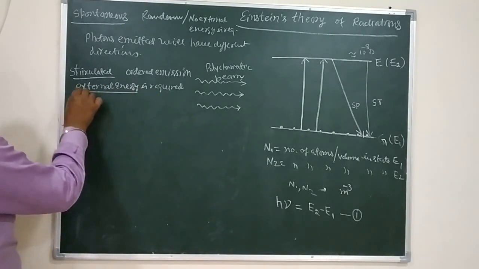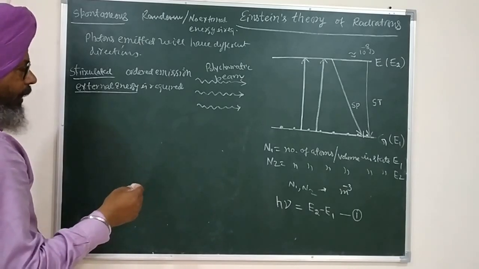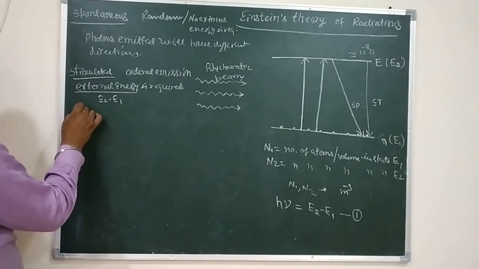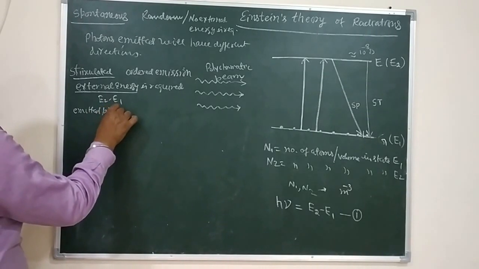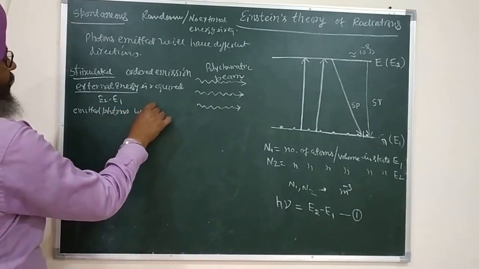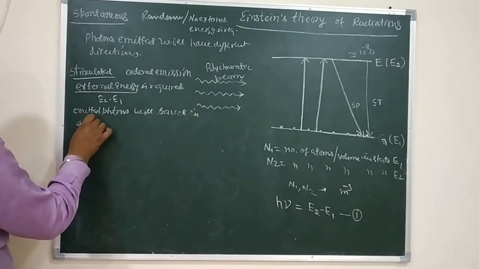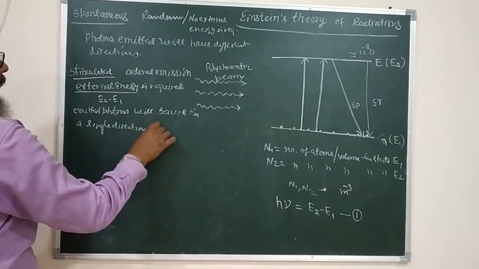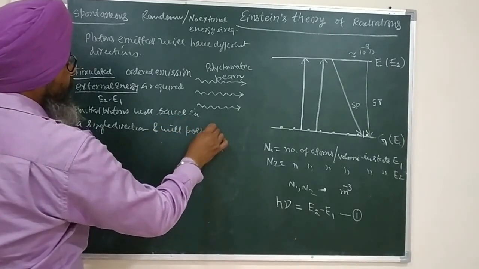The energy of this external photon should be the same as that of the photon which is going to be emitted, that is E2 minus E1, and the emitted photons will travel in a single direction and will possess coherence.